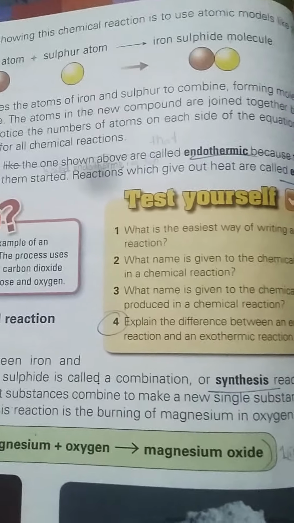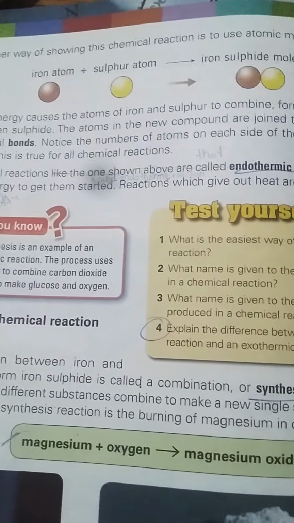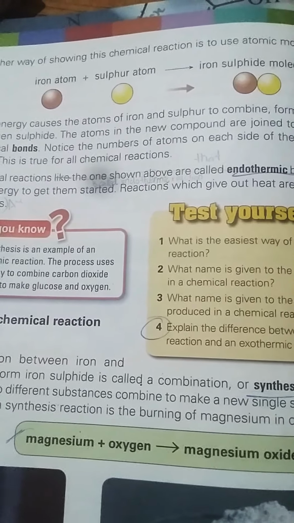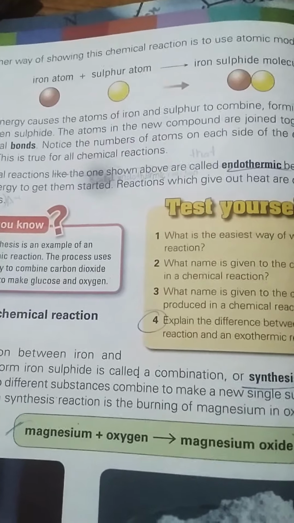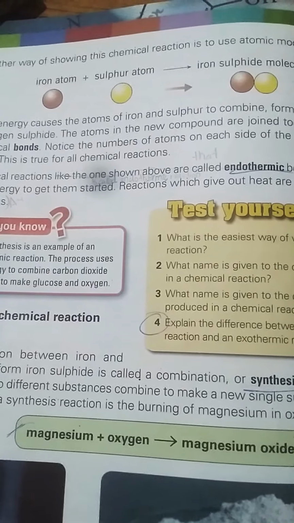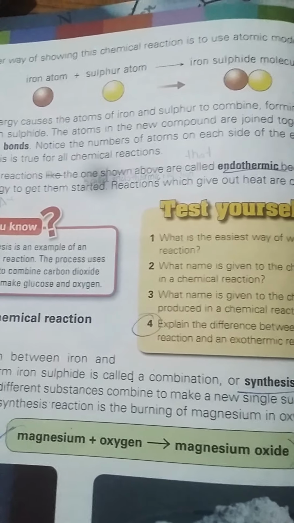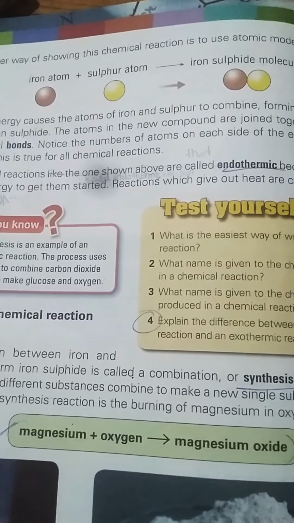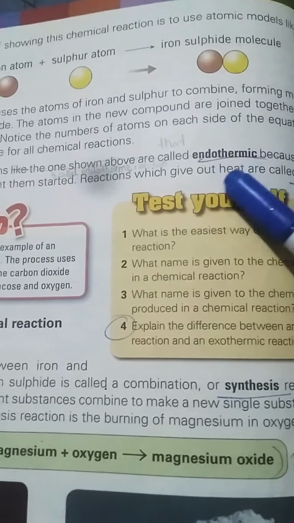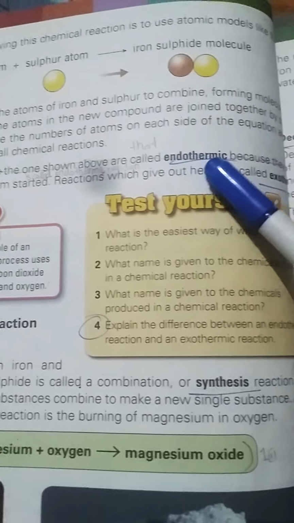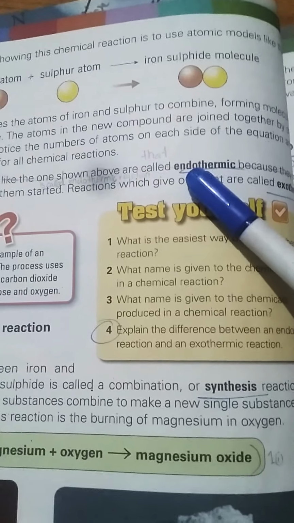Okay, next is the energy changes in chemical reactions. There are two types of energy changes: first the endothermic reactions, and second the exothermic reactions. As their names show, endo means inside and therm means heat.